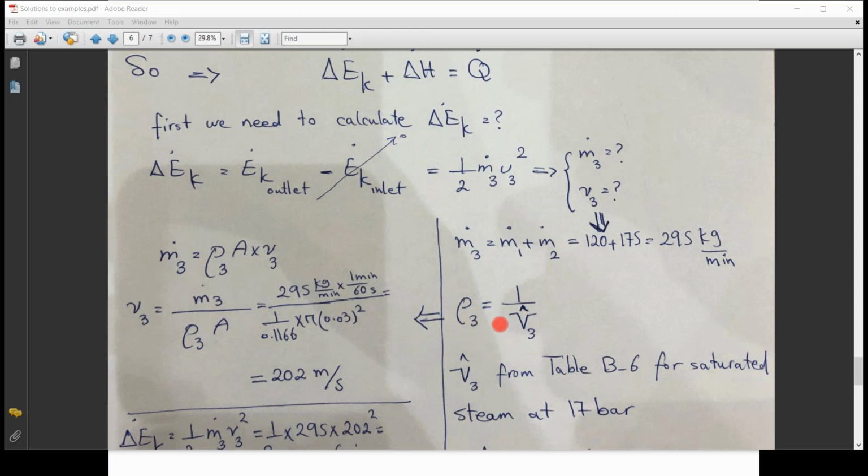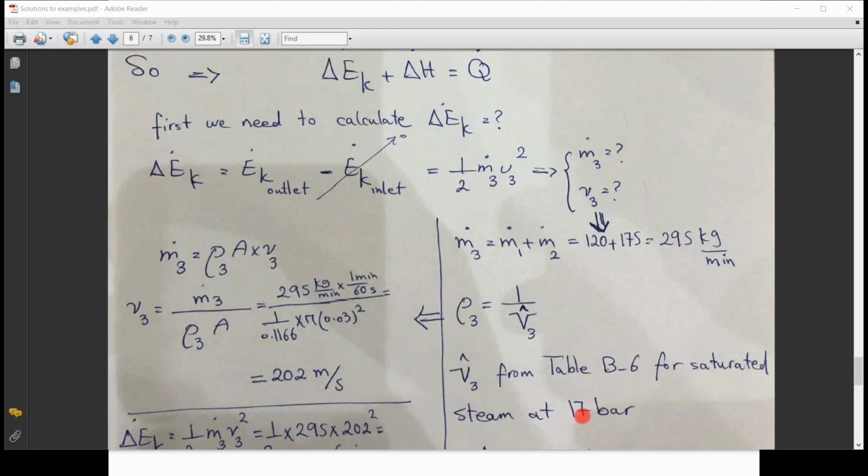How can we read the specific volume of the outlet? Because it is saturated steam, as you remember. For saturated steam, you can refer to table B5 and B6 based on the input data and select the property you want. We need a specific volume for saturated steam.